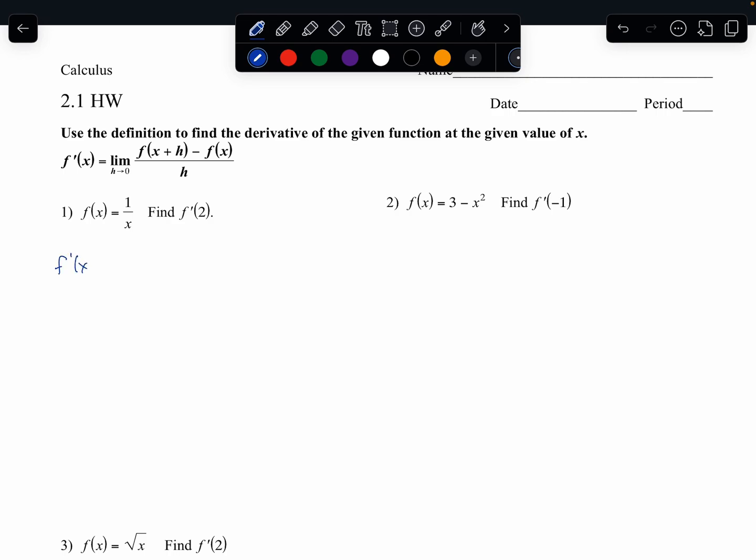of x is going to be equal to f of x plus h. And so we're going to take 1 over x, and we're going to plug in x plus h. So it's going to be 1 over x plus h. Okay, so this right here is f of x plus h, minus f of x, and that is f of x.